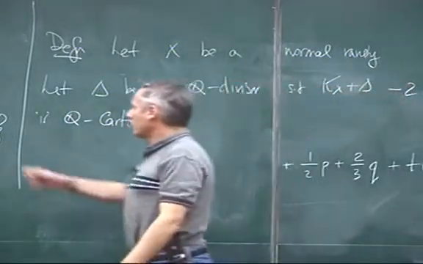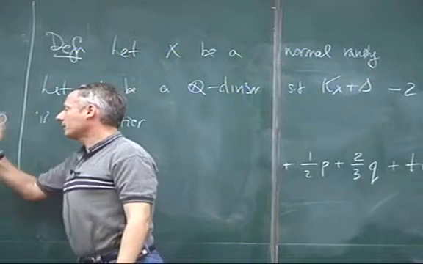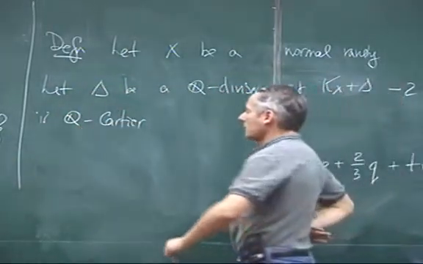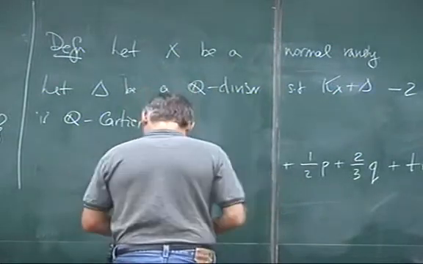So here, of course, the underlying variety is smooth, so there's no problem about something being Q-Cartier. It just says the coefficients are rational.